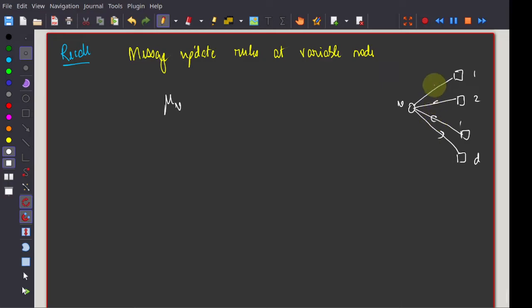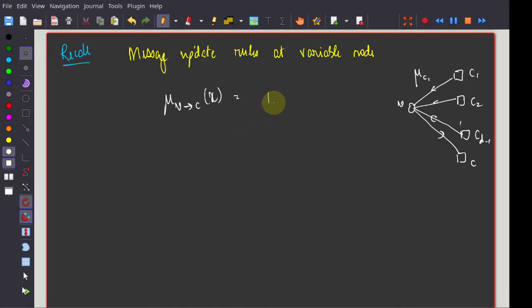So I have a bunch of incoming messages. I'll call these check nodes C1, C2, up to C d minus 1, and I'll just call this one C. So I want to find the message from v to c. This is going to be a binary vector. So for each x in 0 and 1, the message is the following. You basically take the product of all the incoming messages, and that is going to be the outgoing message.